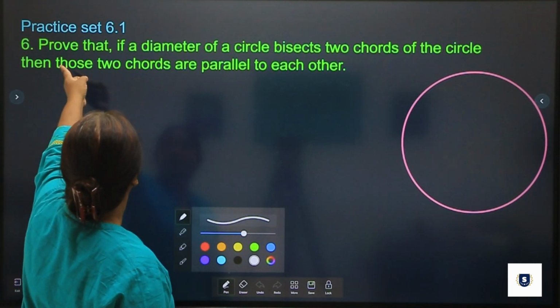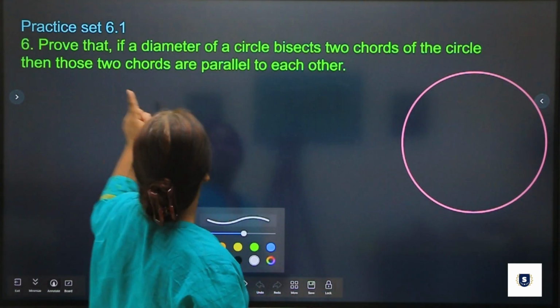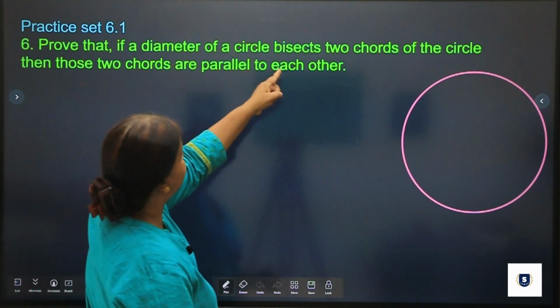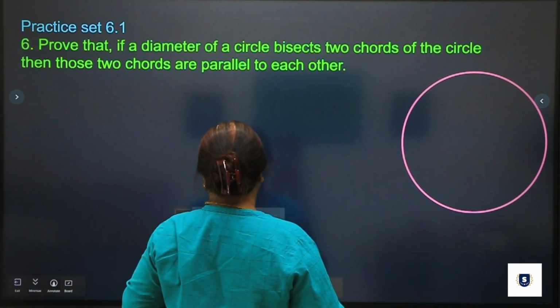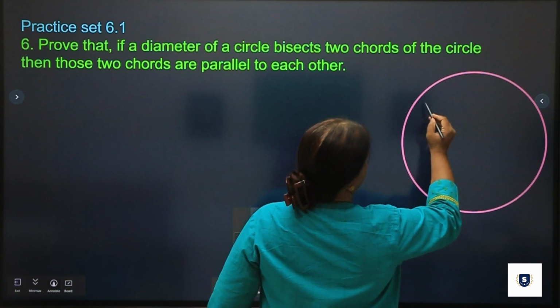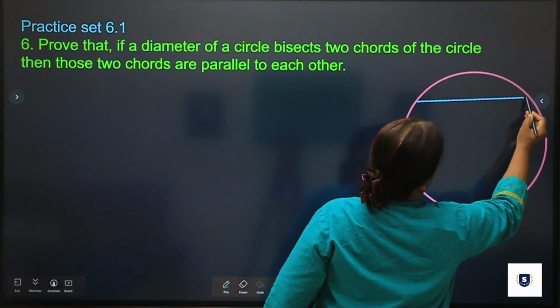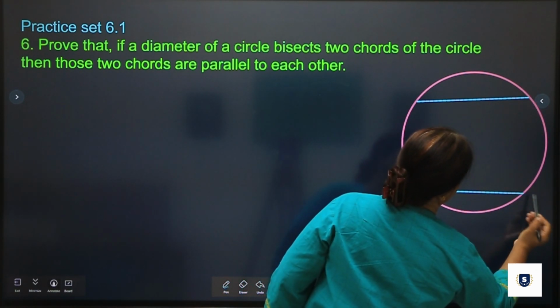Question 6, the last question of your exercise 6.1. It says that if a diameter of a circle bisects two chords. Let me draw two chords. This is one chord and this is another chord.